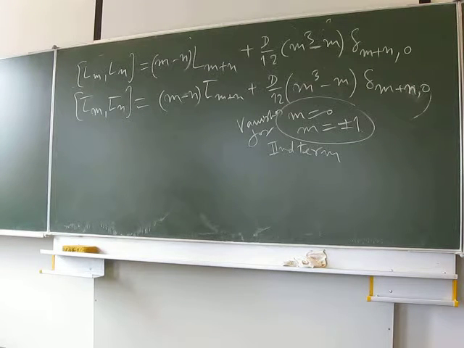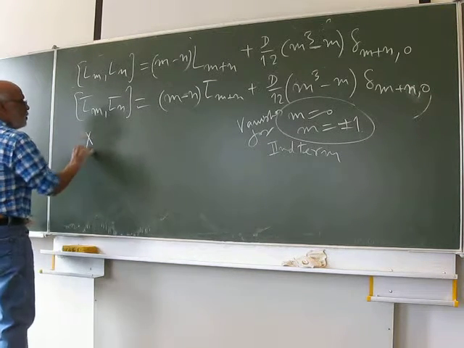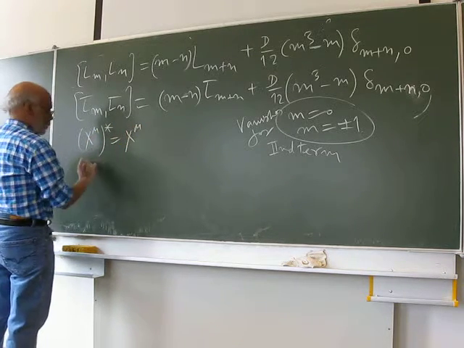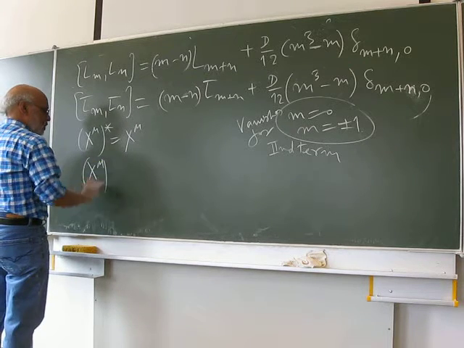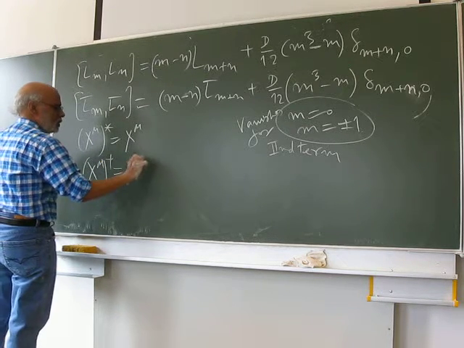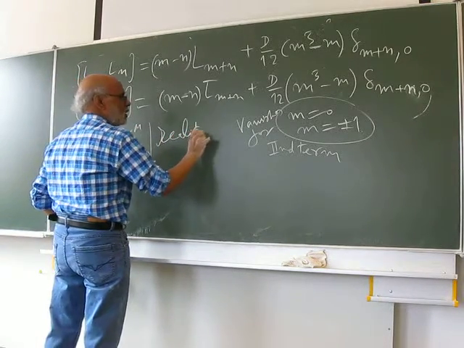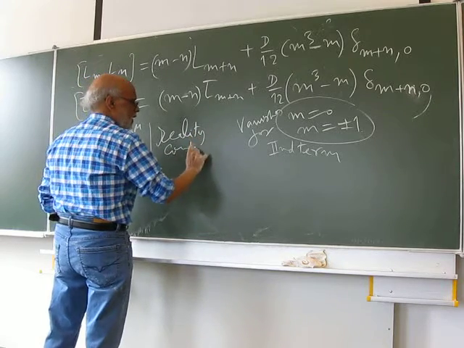So now let us have a look a little bit further. In the first place, you see X^mu dagger is X^mu. So, reality condition for the field.